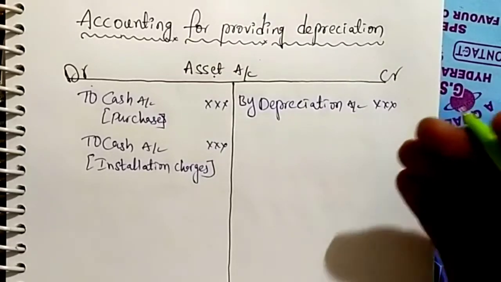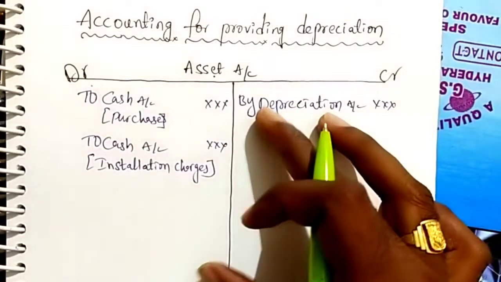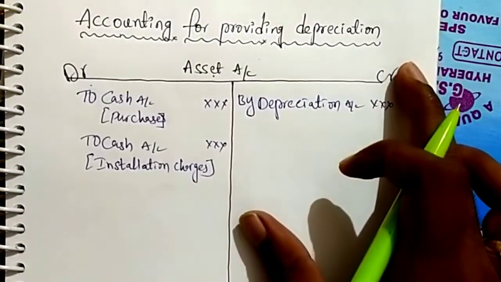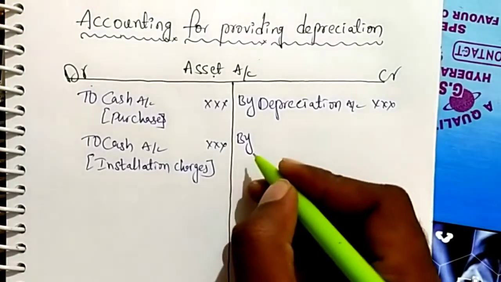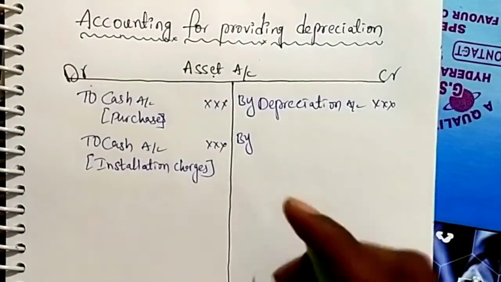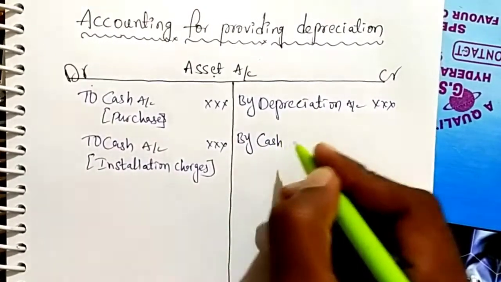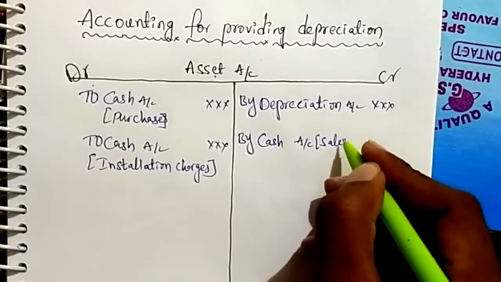Asset goes out means asset value will decrease. So at the time of decreasing the asset, that asset account is credited by cash account, in the bracket sale.